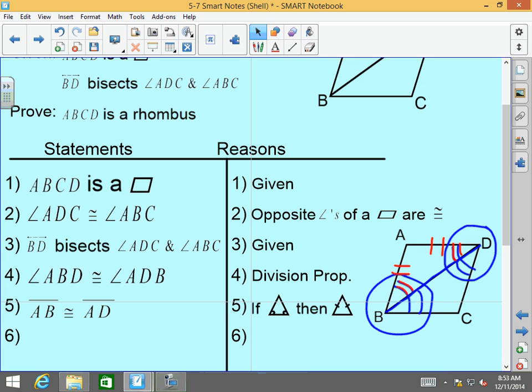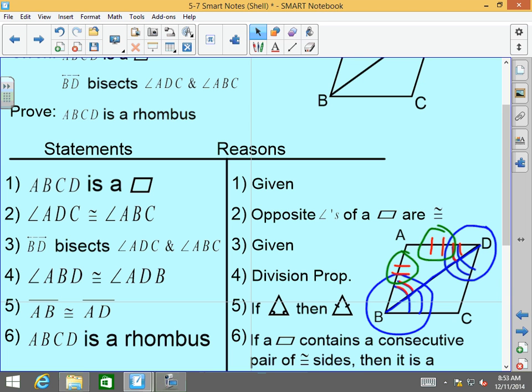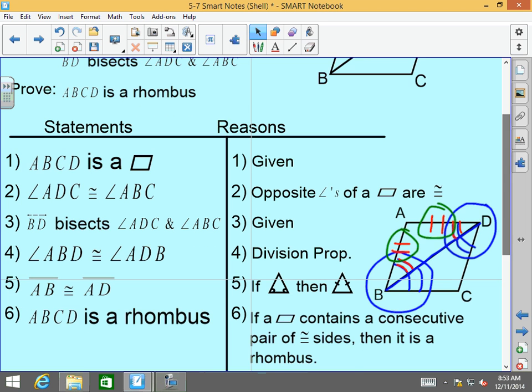Very proud of you, son. And then, think about it. If we have a parallelogram, which we do, with consecutive sides being congruent, what kind of a quadrilateral is it? It's a rhombus. If a parallelogram contains a consecutive pair of congruent sides, then it is a rhombus.